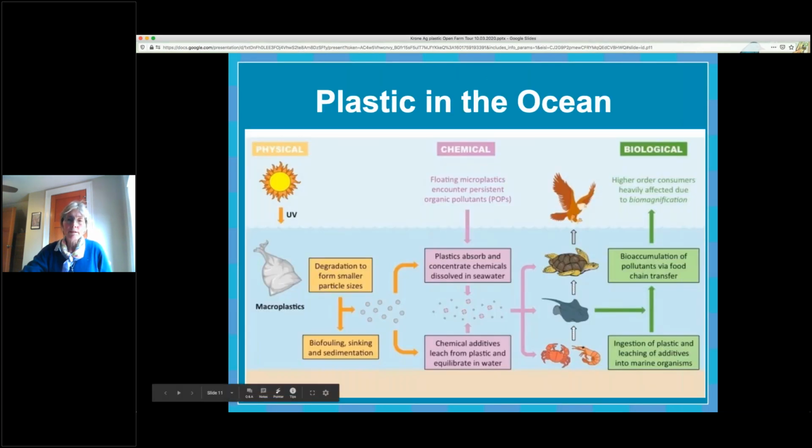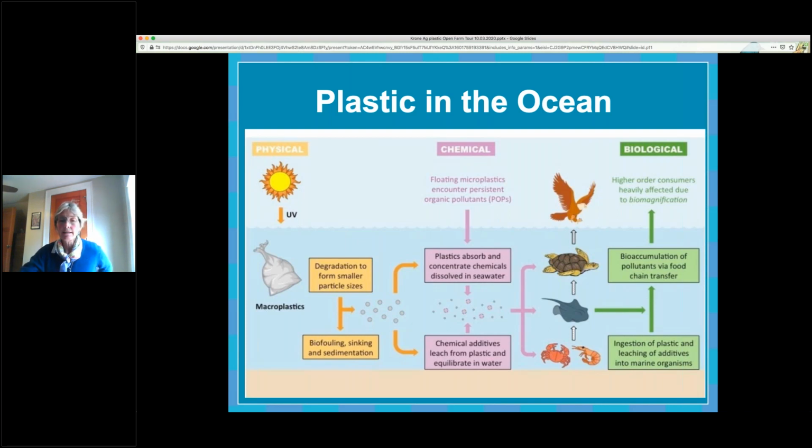So plastic is a problem in the ocean because it degrades, it breaks apart, it absorbs chemicals. These chemical additives can be dangerous to the life in the ocean that consumes those little microplastics or larger pieces of plastic, whether they mistake it for a jellyfish and consume a plastic bag, or whether there's a microplastic that they mistake for algae or for some other kind of material that they eat.